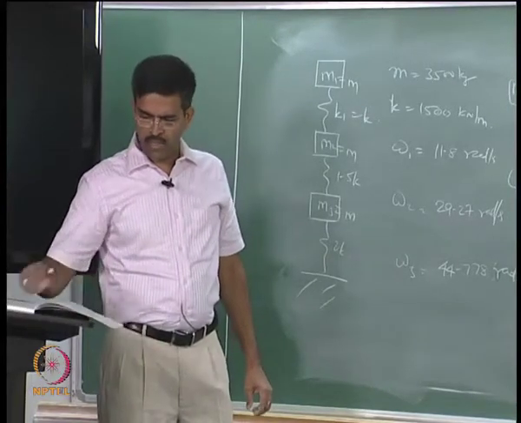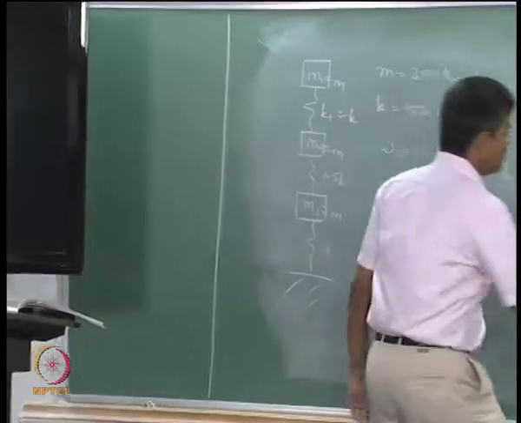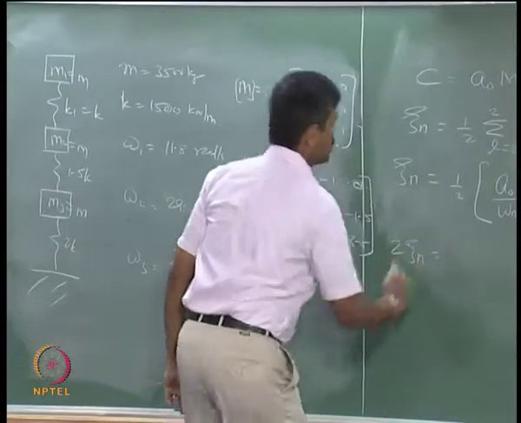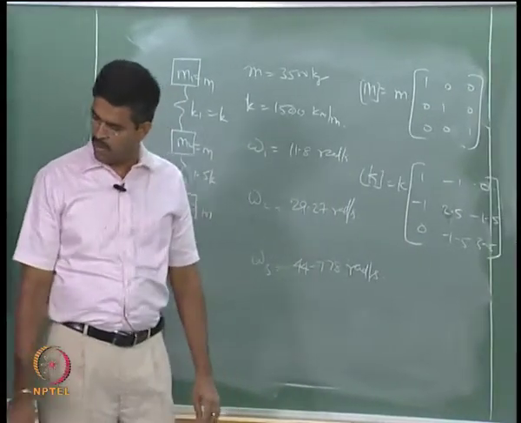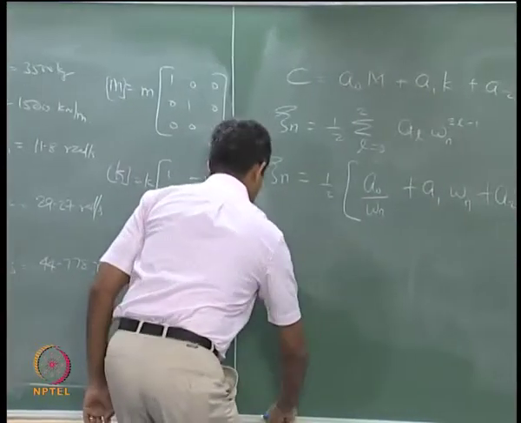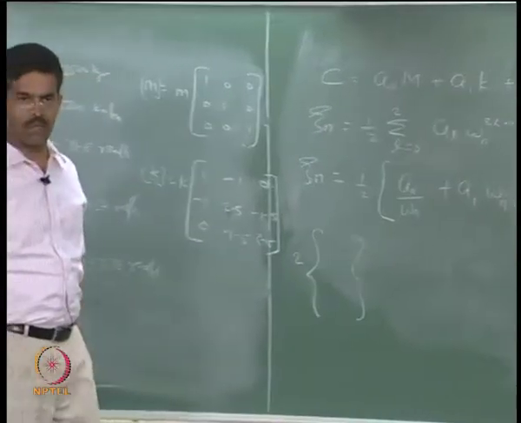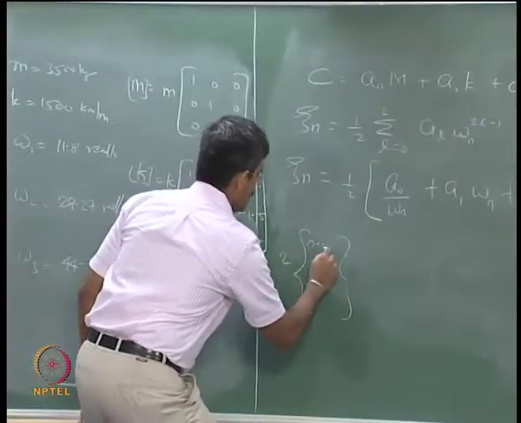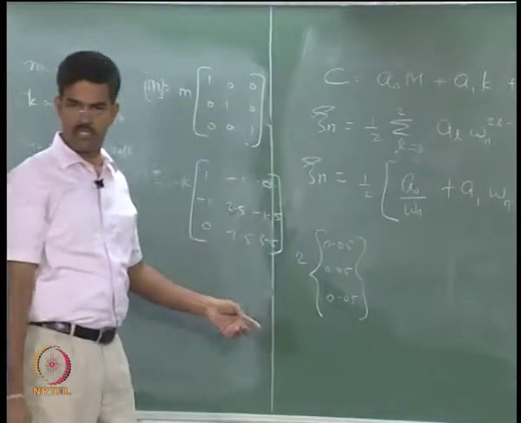So let us write this in a matrix form. So 2 zeta n is going to be, let us do it like this, twice of, I am taking 5% damping. So I say 0.05, 0.05, 0.05, that is what I am interested in now.